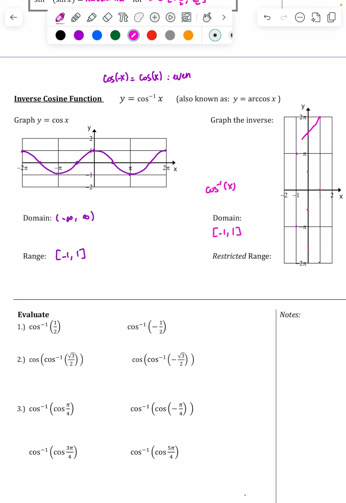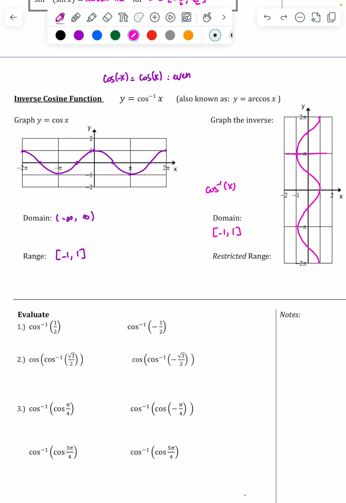And again, this is not the finalized graph. If I keep it in this format, this is not a function, so I have to restrict it. I'm going to restrict it between 0 and pi, which is right here.